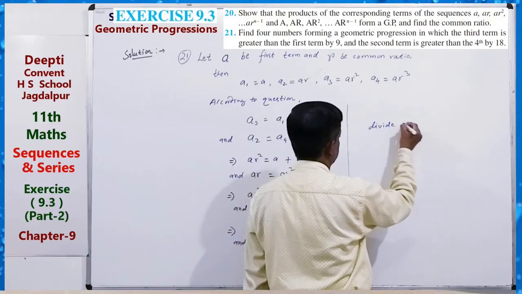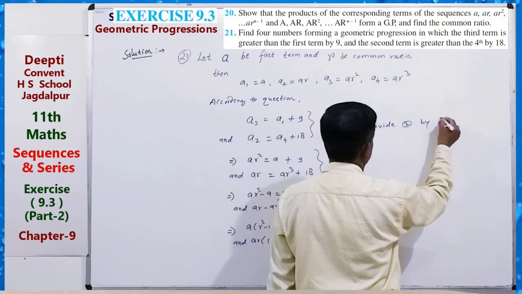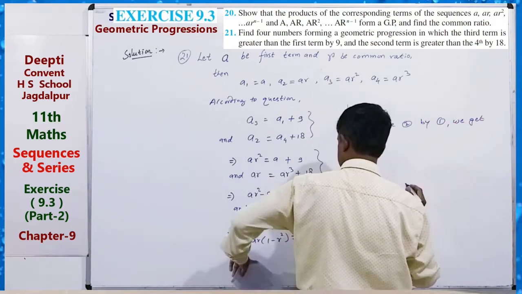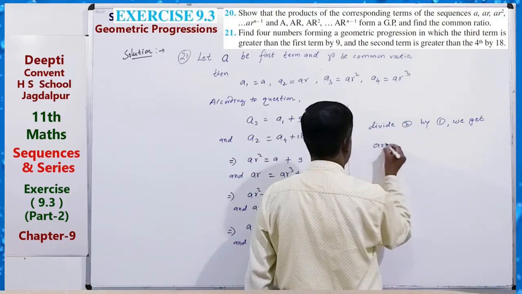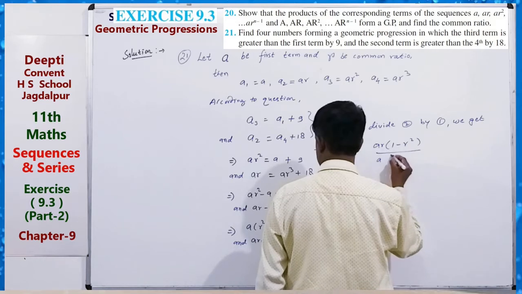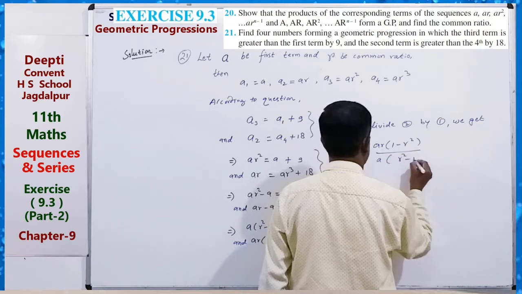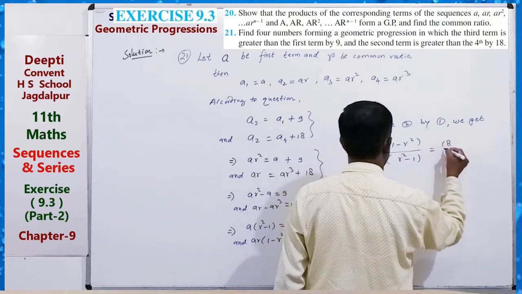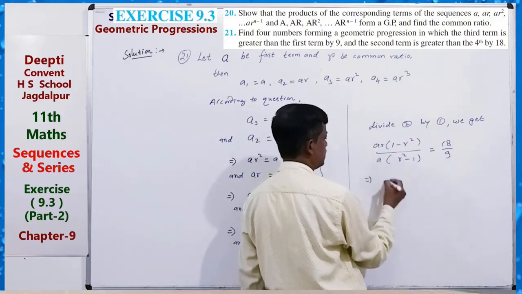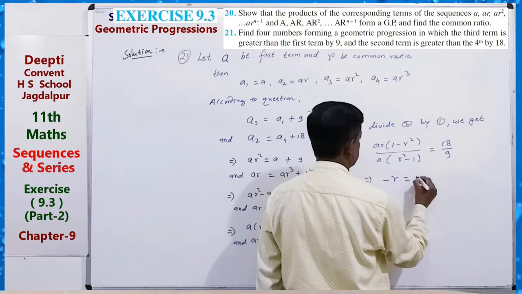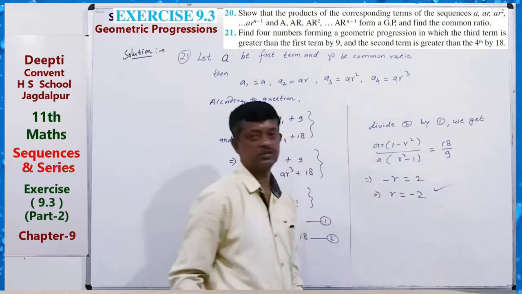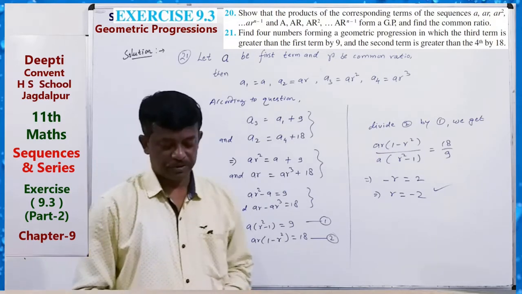We get AR(1 minus R square) by A(R square minus 1) equals 18 by 9. The sign difference cancels A, so minus R equals 2. So R equals minus 2. The common ratio is minus 2.